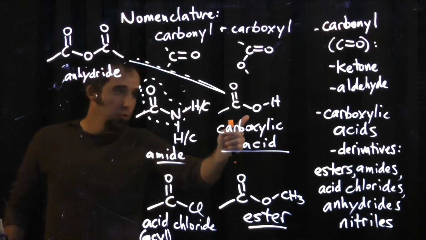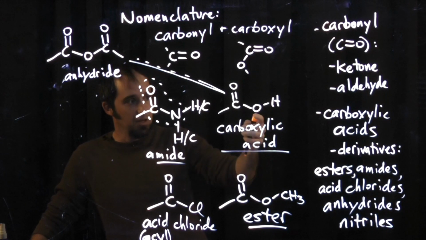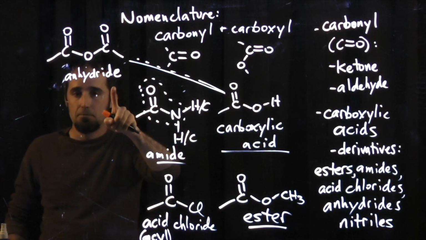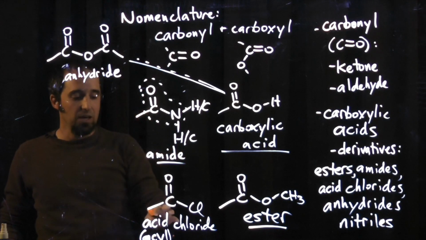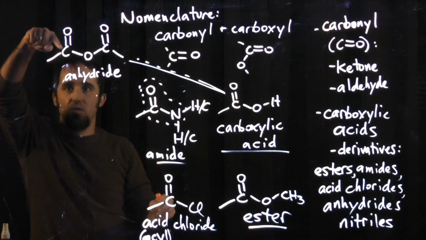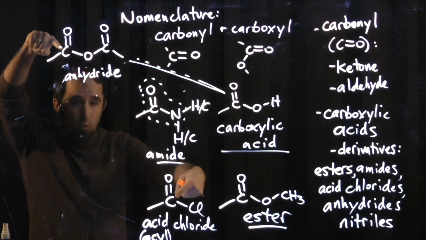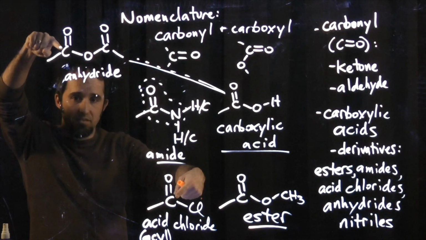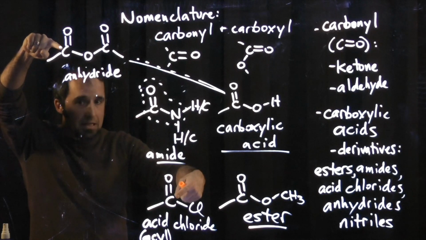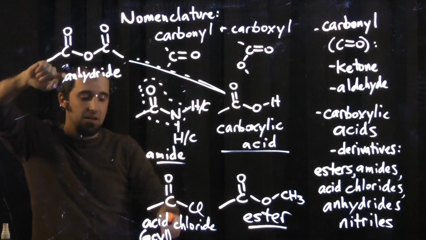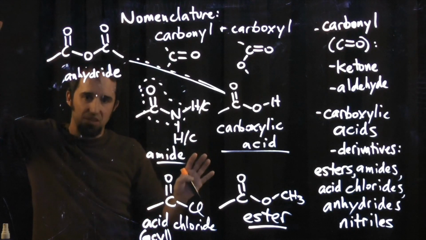Okay, so if I take 2 of these and I smush them together and I take out H2O, I get an anhydride. Okay? So again, much like an acid chloride, if I compare this carbon with this carbon, they're both pretty electron poor carbons with some electronegative atoms pulling electrons away from it. So reactivity-wise, these things are almost identical.